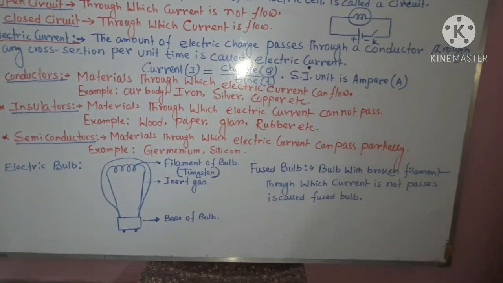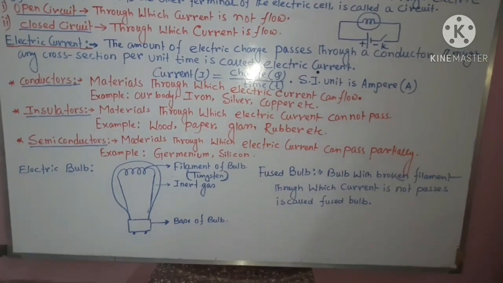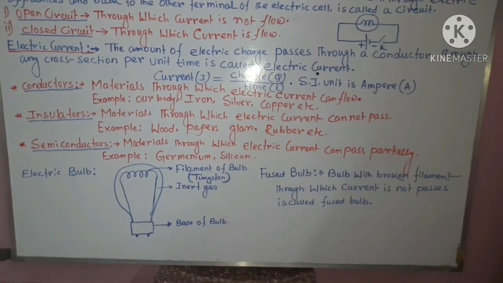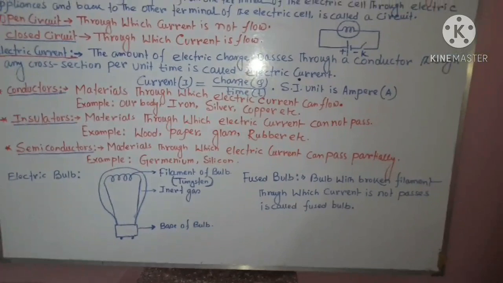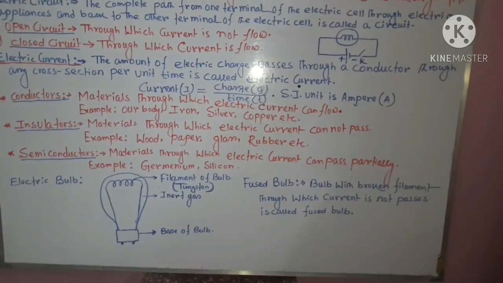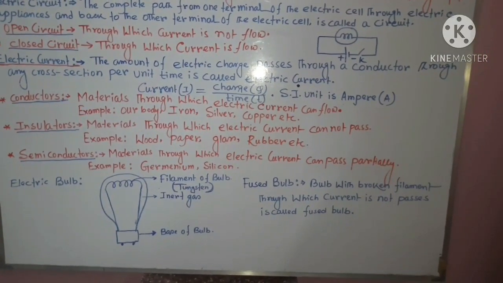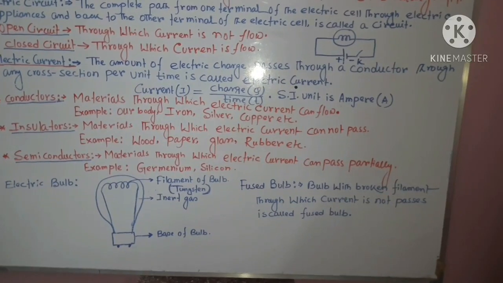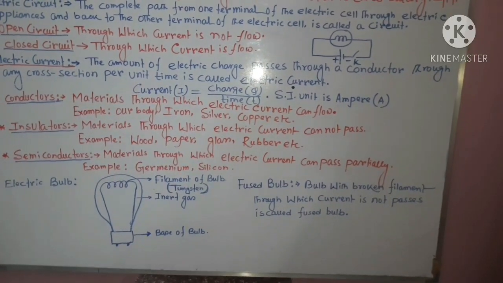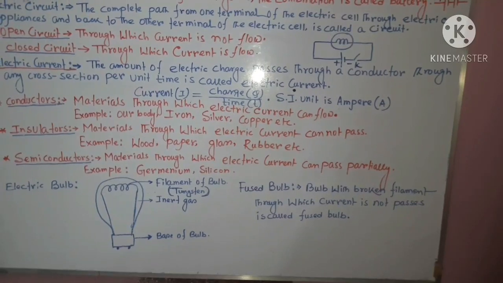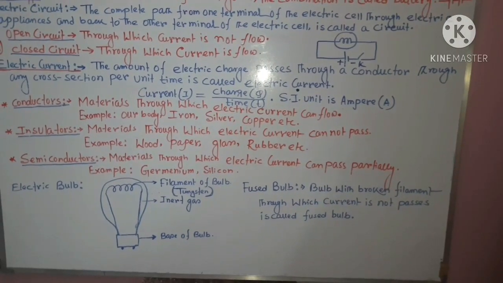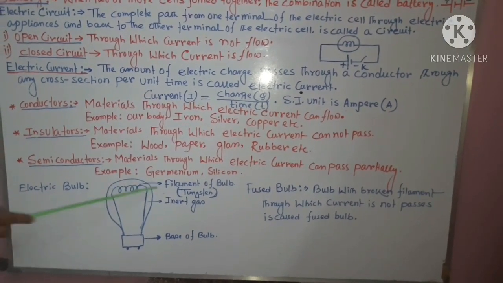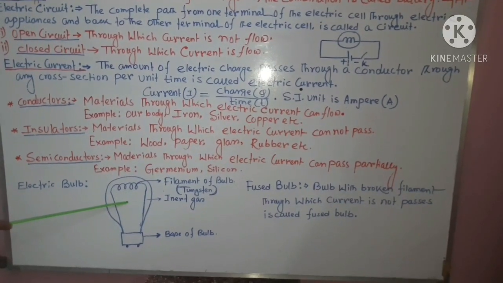Now there is a question: why is the bulb filled with inert gas? The answer is, whenever current passes through the filament, due to heating of the filament, there may be a chemical reaction if there is any other gas instead of inert gas.